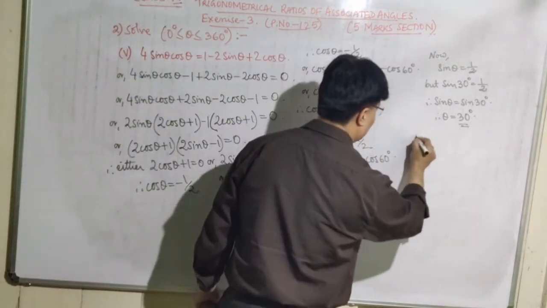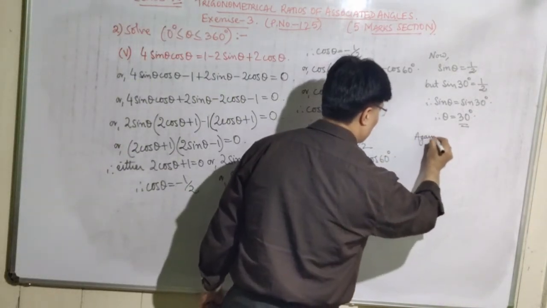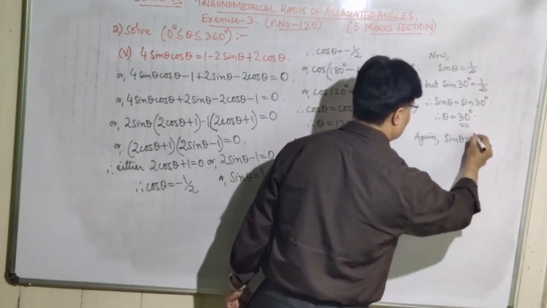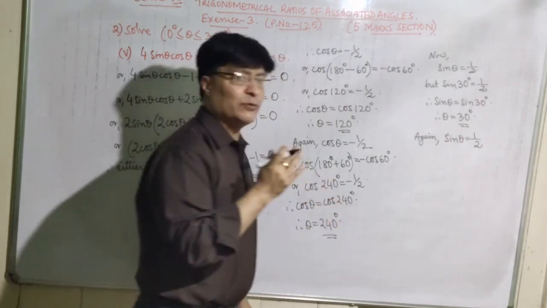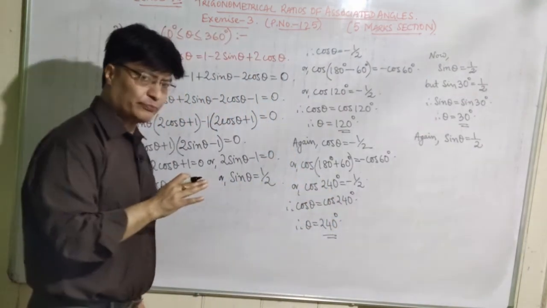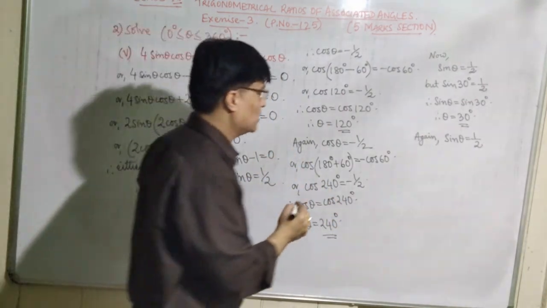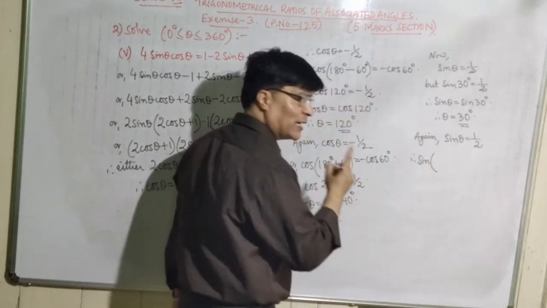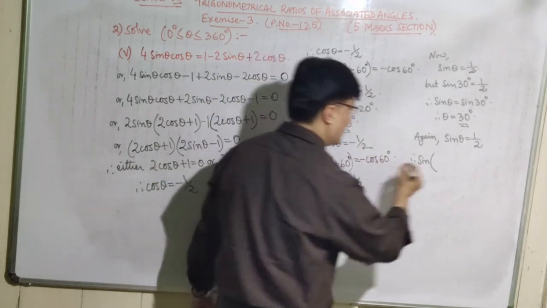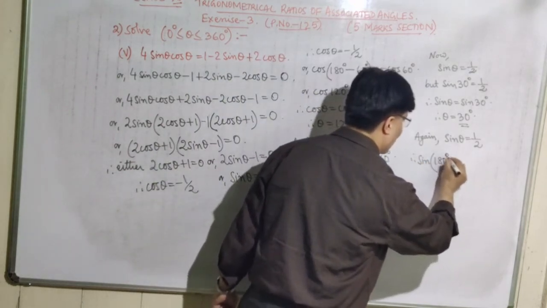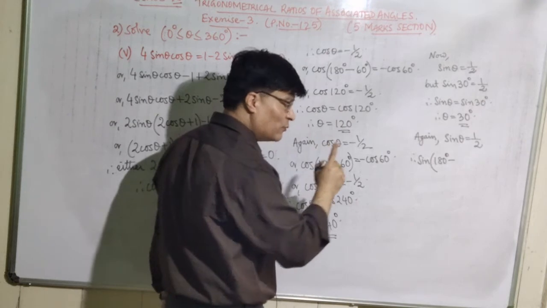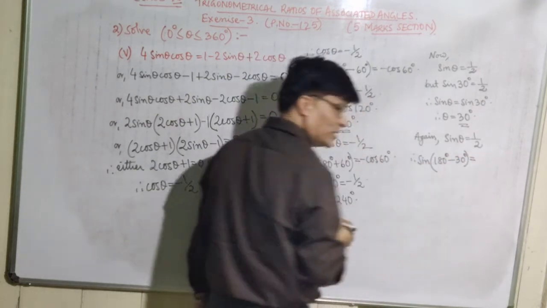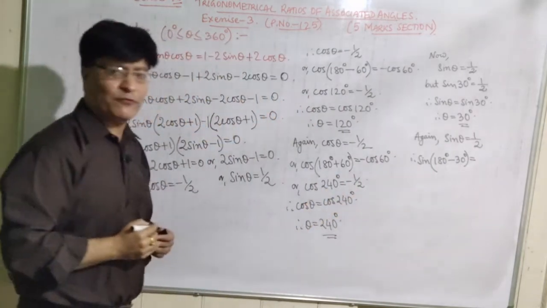Next, again sin theta is equal to half. Now we have to find out the value of theta which lies in the second quadrant. So how can you write down the angle in the second quadrant now? 180 degree minus the angle whose sine is half. It is 30 degree. On the right hand side, write down the formula.